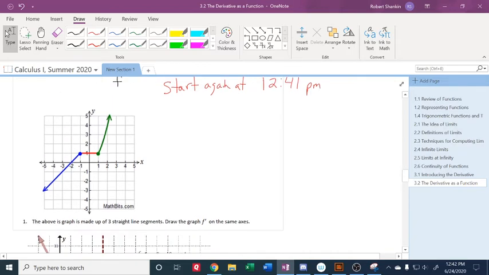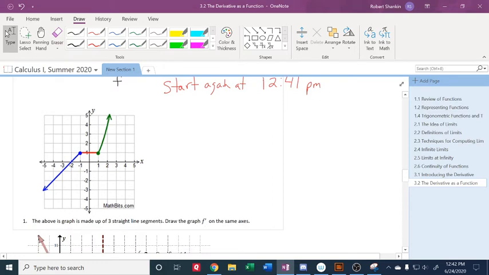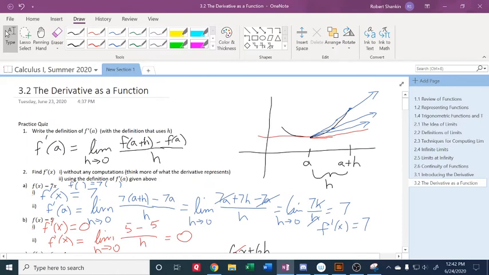Now you'll probably have no idea what I mean by this, so let me do this first one for you. Okay, so the graph of f prime. The title of this is The Derivative as a Function.